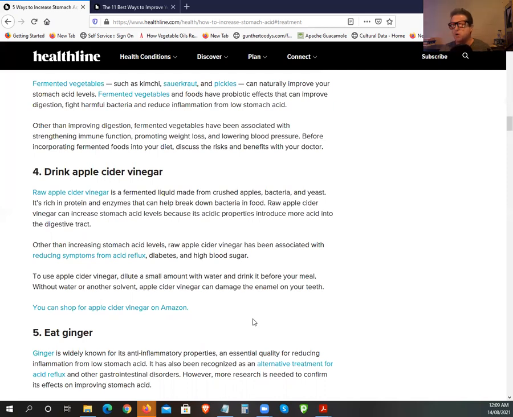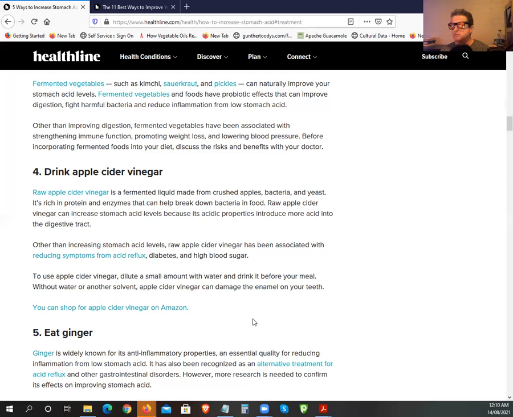We require the body to adjust to those lower, and it can possibly, if consumed in large amounts, dilute what would naturally be developed by the body. So give that a miss unless your pH is really poor, and it may help slightly, but I would say HCl tablets would do a much better job than apple cider vinegar in this regard, without the risks of damaging your tooth enamel as well.